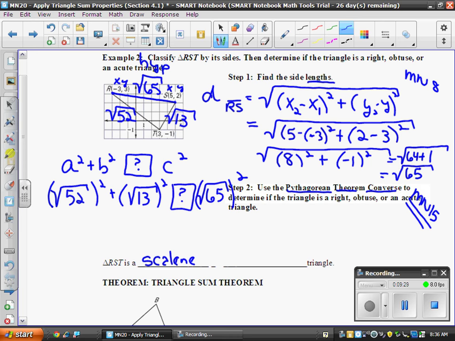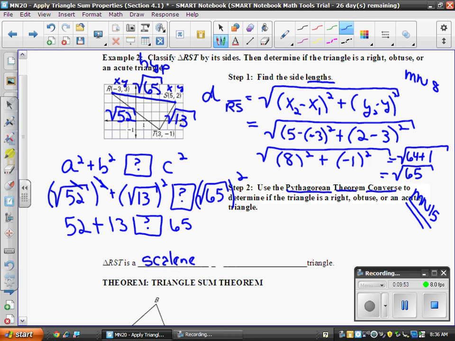Because when we do this now, the square root of 52, and when you square that, the square and square root undo each other, which means that you do just get 52 left. Plus, square root of 13 squared is going to be 13, and we don't know what's happening here yet with this, but square root of 65 squared.